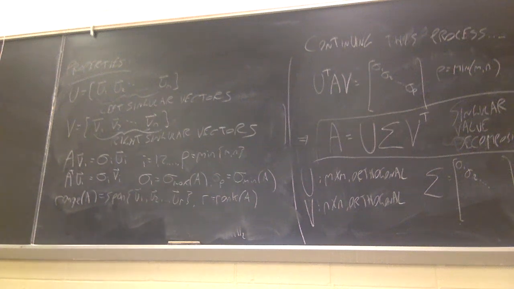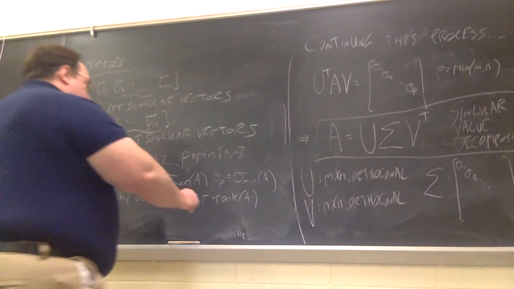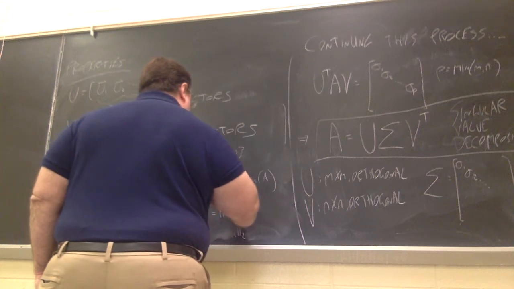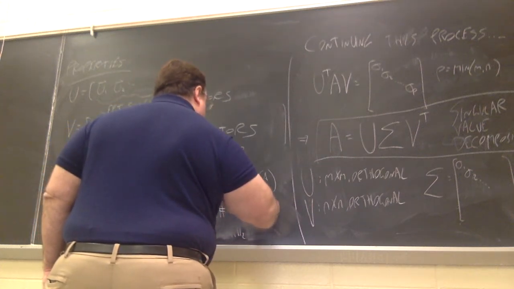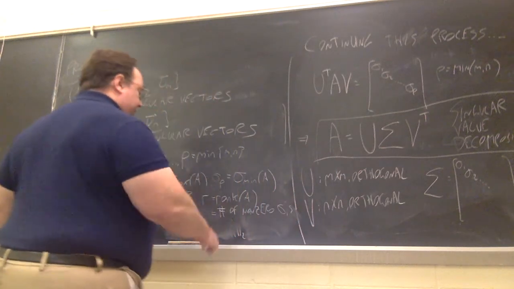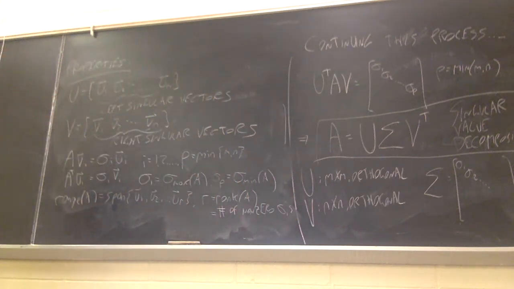So the rank is the number of linearly independent rows or columns that it can have. r also happens to be the number of non-zero singular values, the sigma i's.